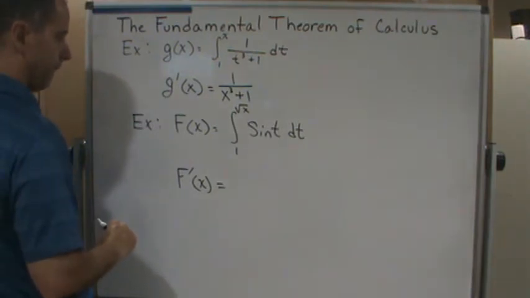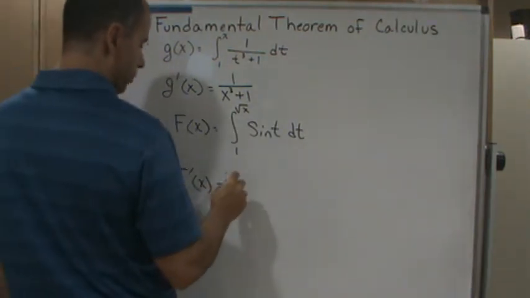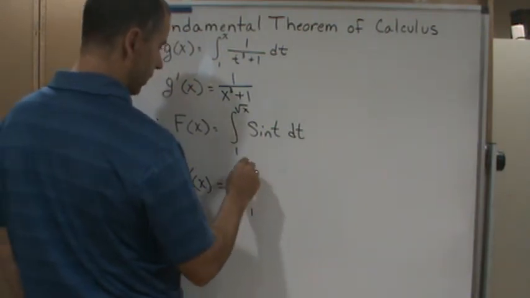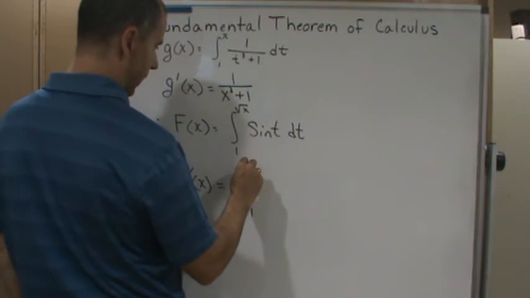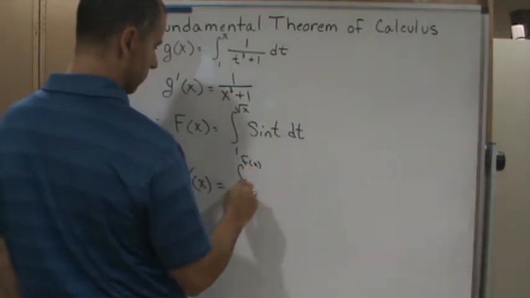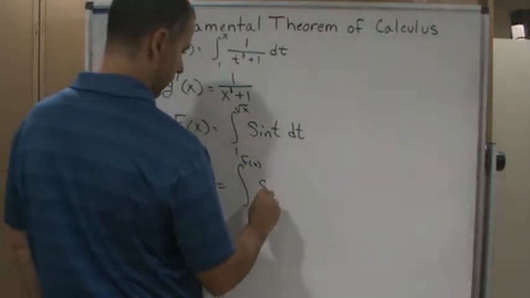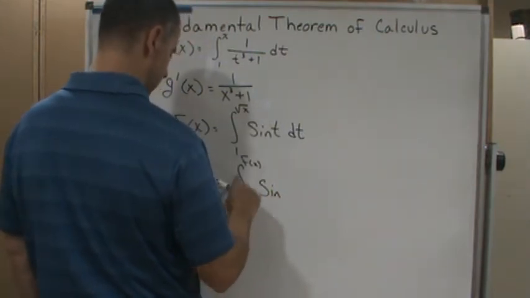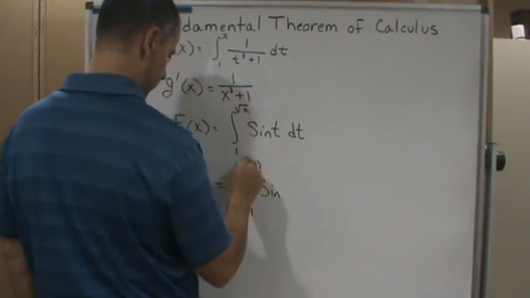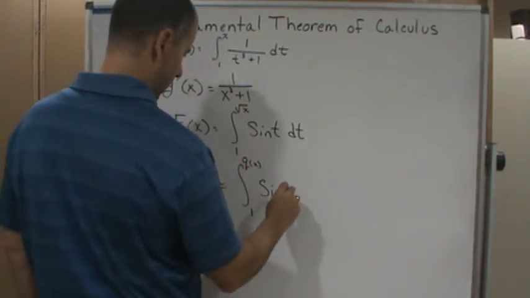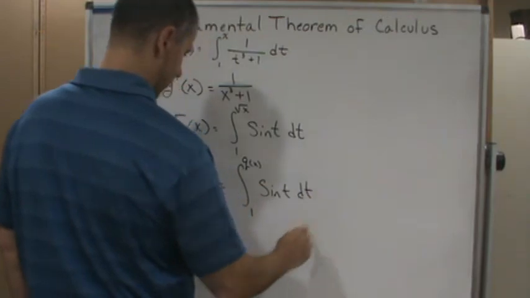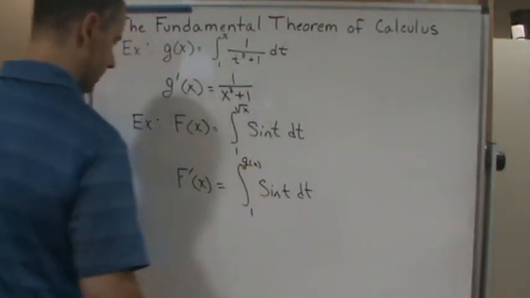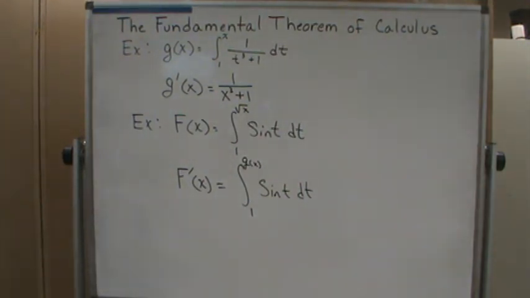Right? So let's rewrite this as the integral from 1 to g of x of sine t dt, let's use g of x here. Okay.